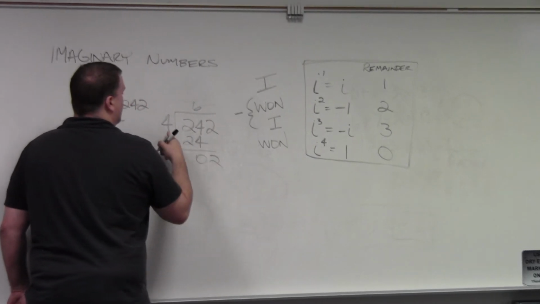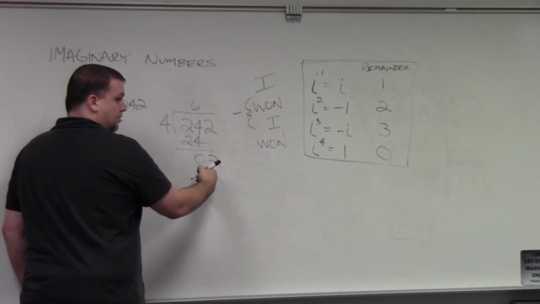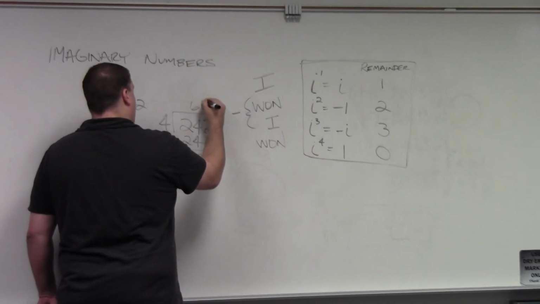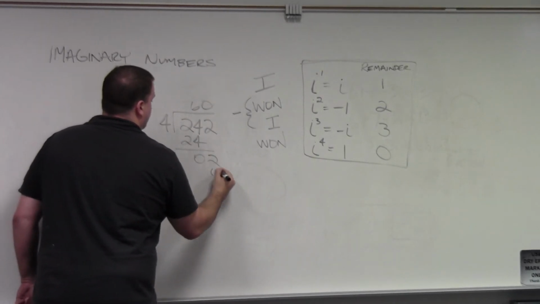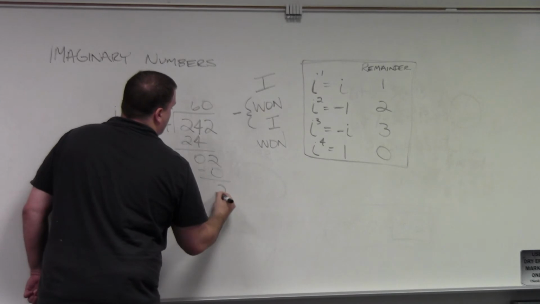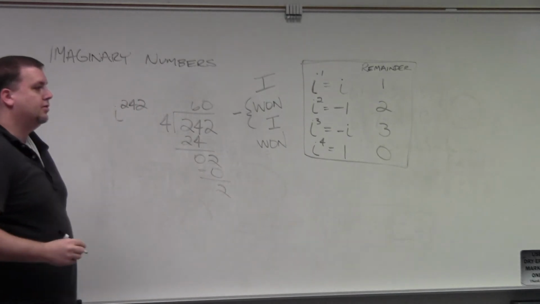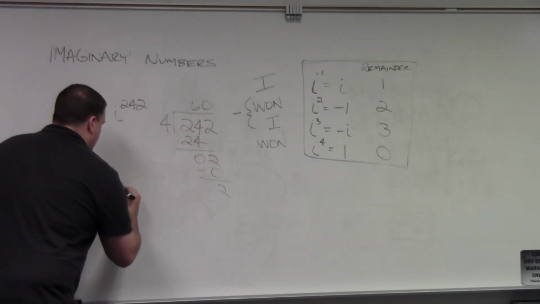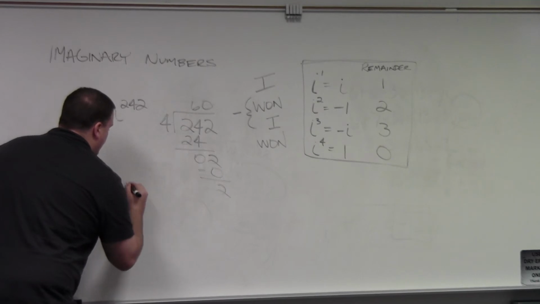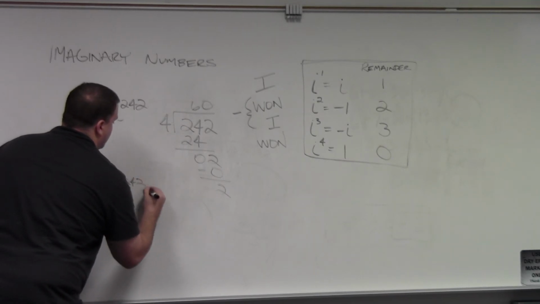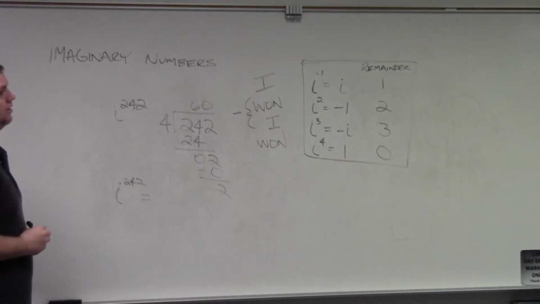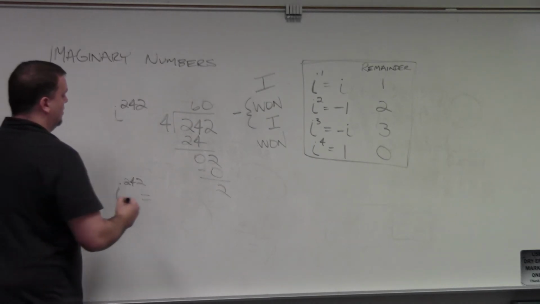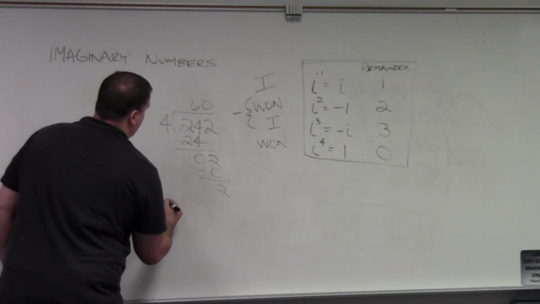Then 0 and 2. How many times can 4 go into 2? It can't, so we have to put a 0. 0 times 4 is still 0. We're still left with a remainder of 2, correct? So i to the 242nd power is really equal to negative 1.